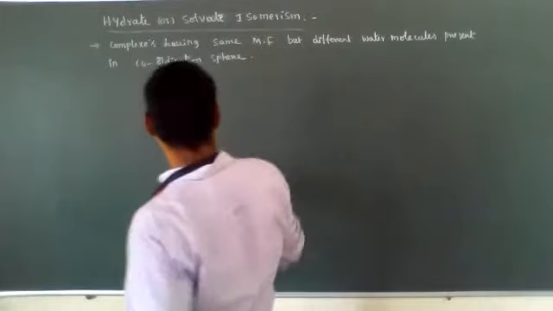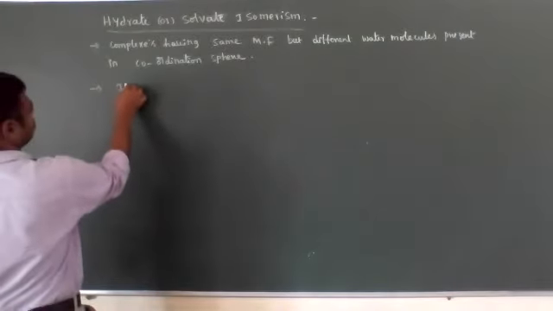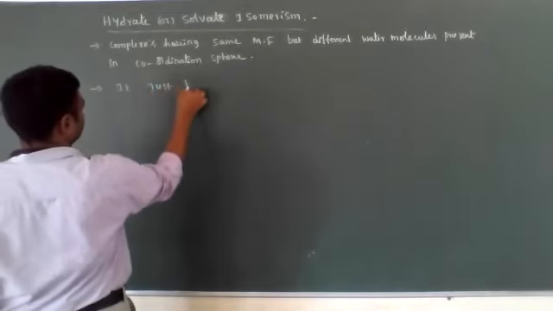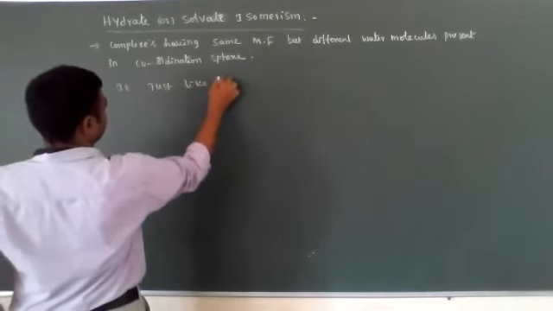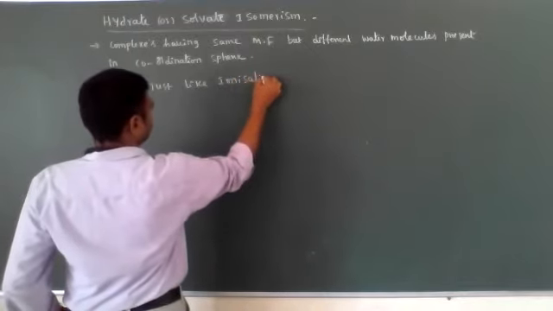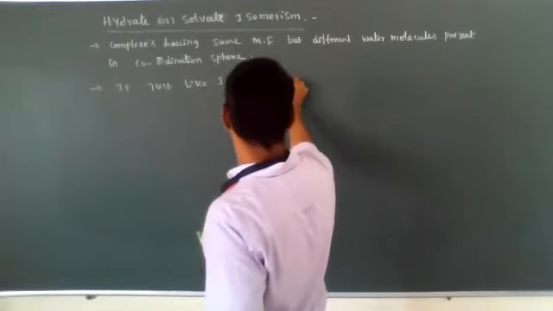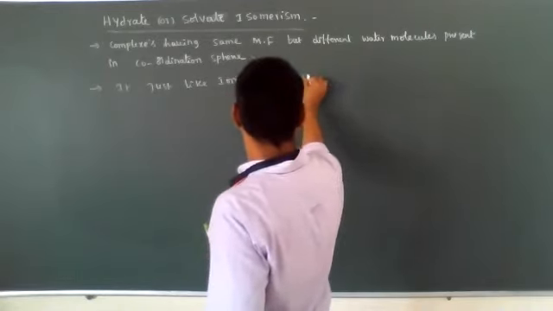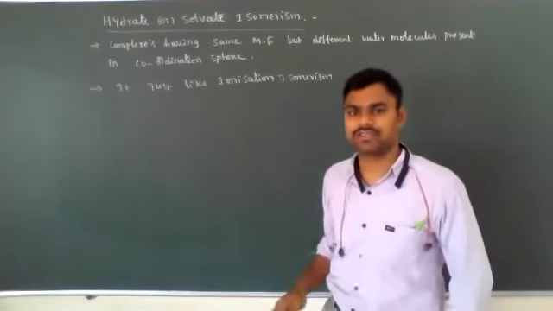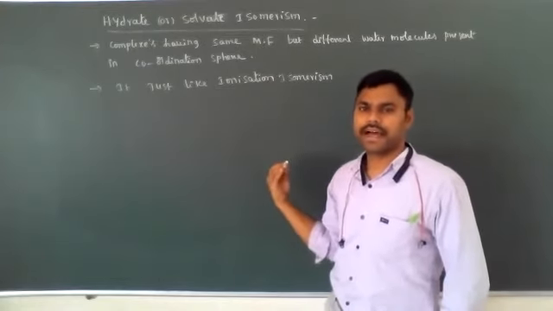Okay. So this is one special kind of isomerism. It is just like ionization isomerism. Ionization isomerism means some ligands are exchanged from the coordination sphere to the ionization sphere.